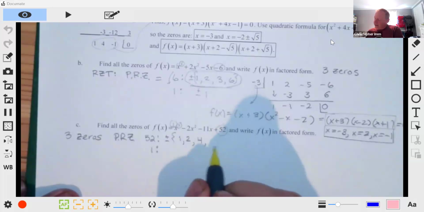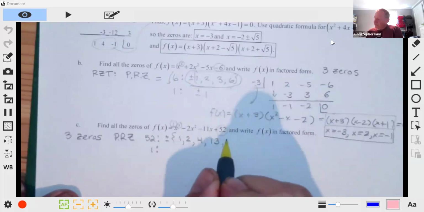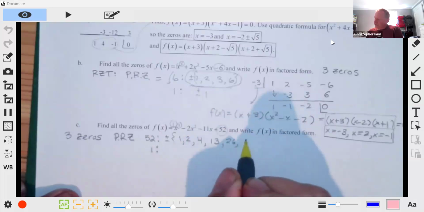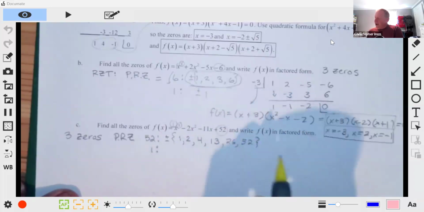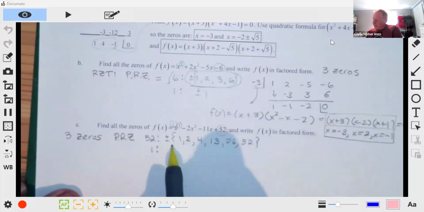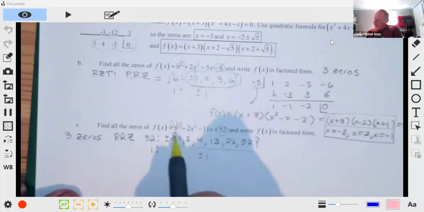And then 4 times 13 is 52, and 2 times 26 is 52, and 1 times 52 is 52. I don't think 6 goes into it. 5 surely doesn't go into it. 7 doesn't go into it evenly. So we know that these are the only factors. And again, over plus or minus 1, we'll just get these.